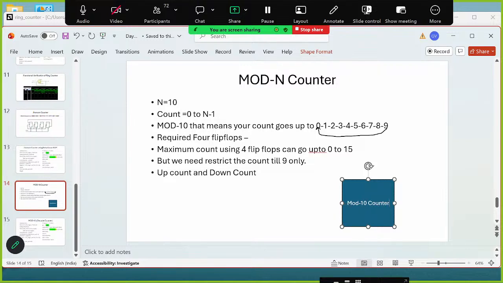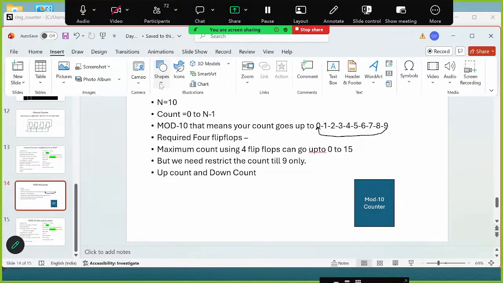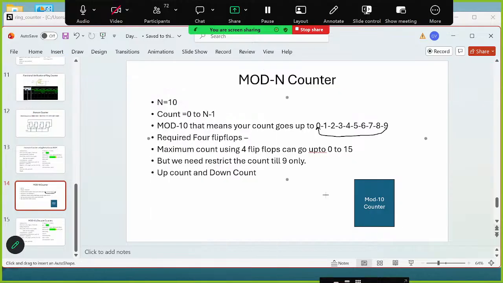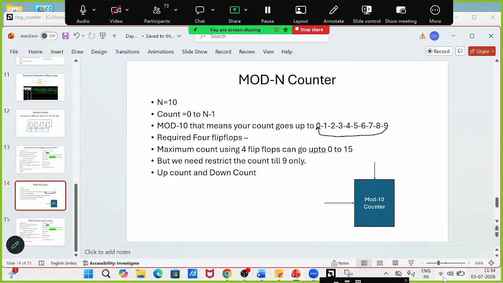In it, I have two inputs only. One is clock, and another is reset.